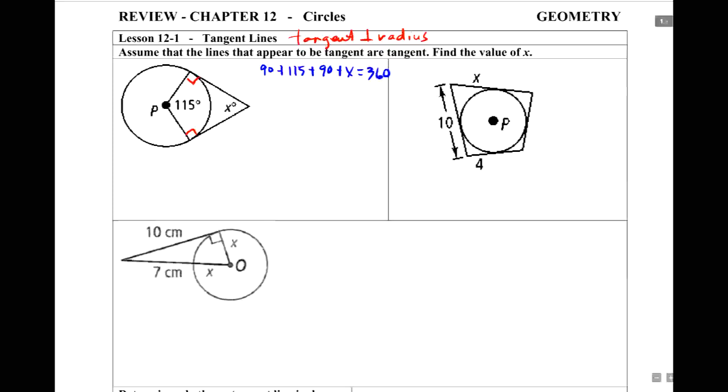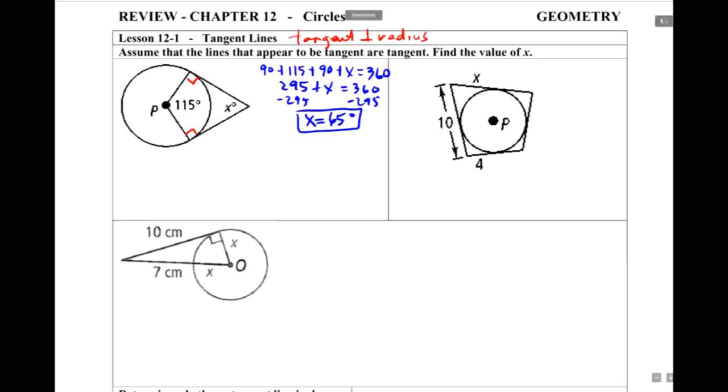So 295 plus x equals 360. I subtract 295 from both sides, and x equals 65 degrees. All right, that was an easy one to start with.